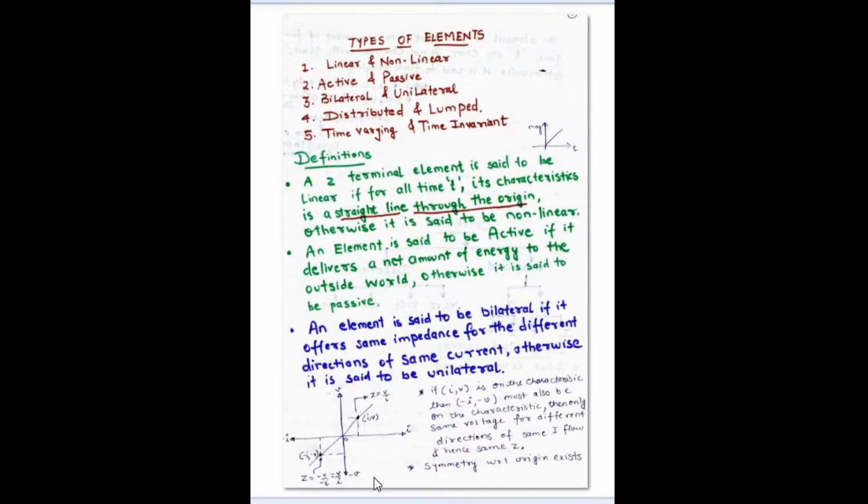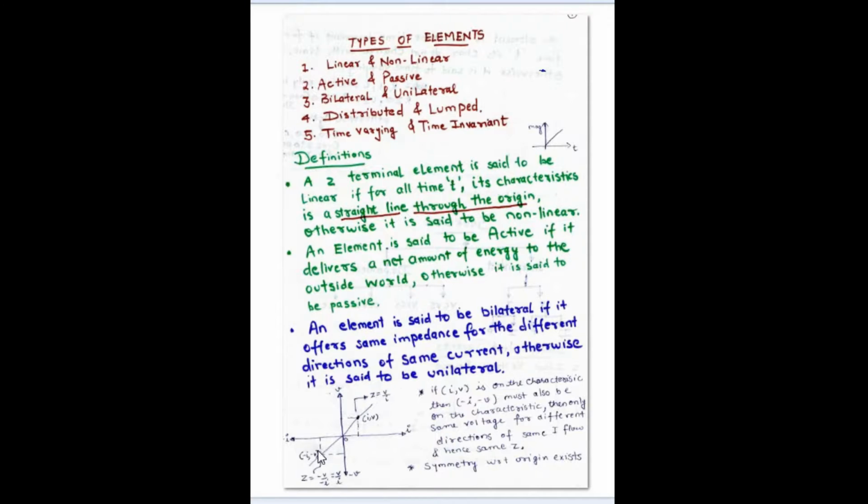In other terms, Z, that is impedance, will not change if we go in the first quadrant or in the third quadrant. Its impedance magnitude doesn't change, then it is said to be bilateral, otherwise it is said to be unilateral. This is a simple definition.